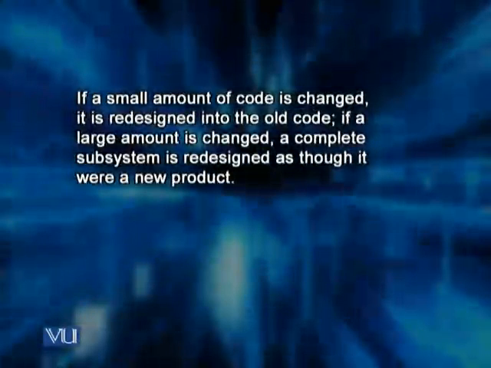If a small amount of code is changed, it is redesigned into the old code. If a large amount is changed, a complete subsystem may have to be redesigned as though it were a new product. This happens in those scenarios where errors are forcing us to make changes.